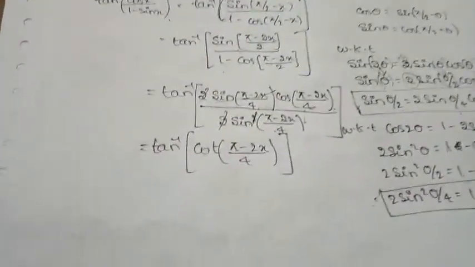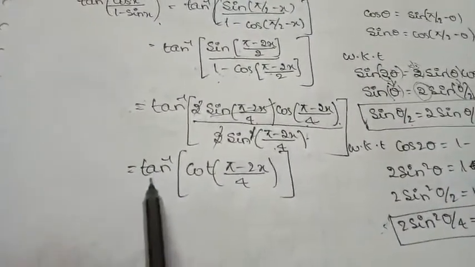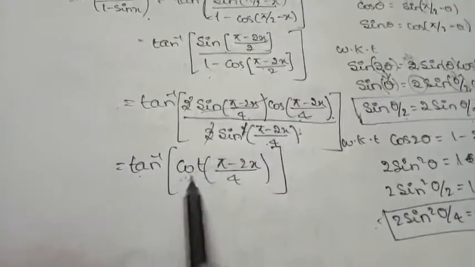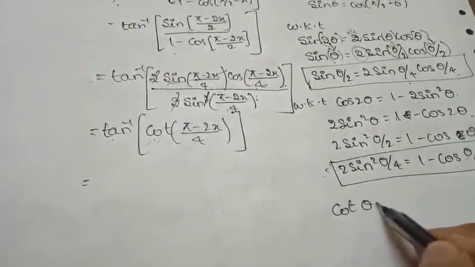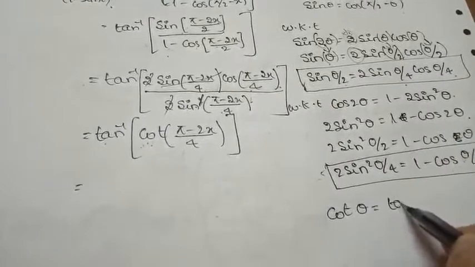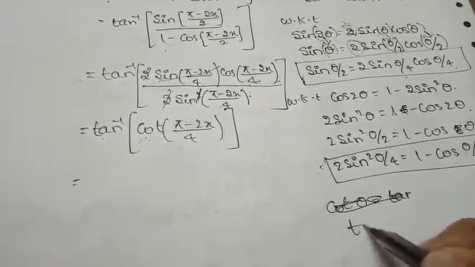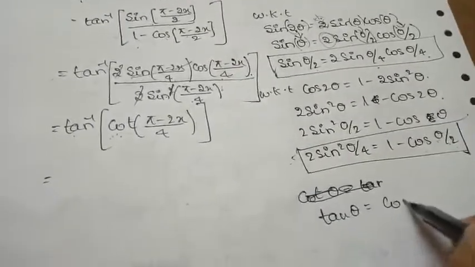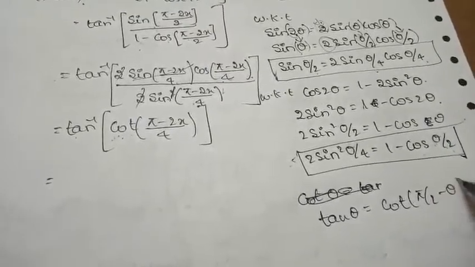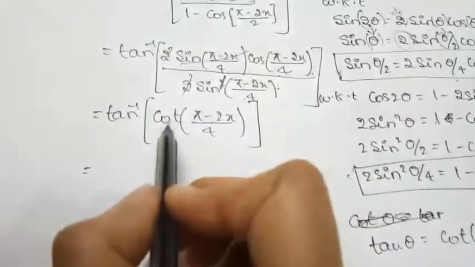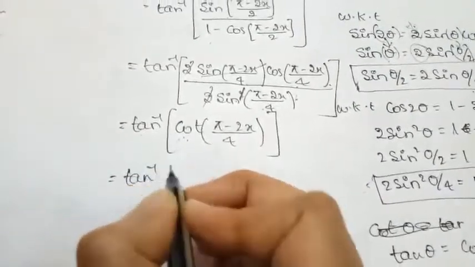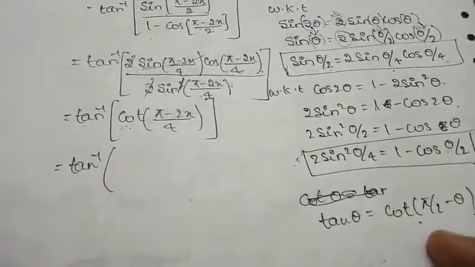One thing you need to keep in mind: once it is tan inverse, the inside trigonometric function should also be tan. So how can I bring this to the tan function? We know cot theta is equal to tan(pi/2 - theta).